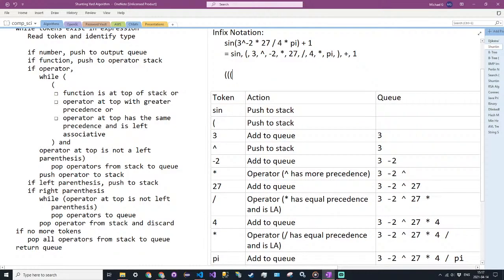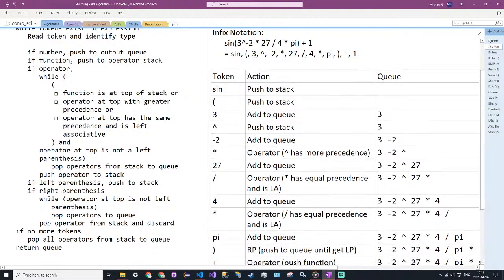So say, for example, we had something like that, and I don't think this is balanced, but you could use a stack and keep pushing open parentheses onto the stack, and then you would pop from the stack every time you found a closing parenthesis. So we're essentially going to do the same thing, except this time we have stuff in between the parentheses. So we want to pop everything from the stack to the queue until we find a left parenthesis.